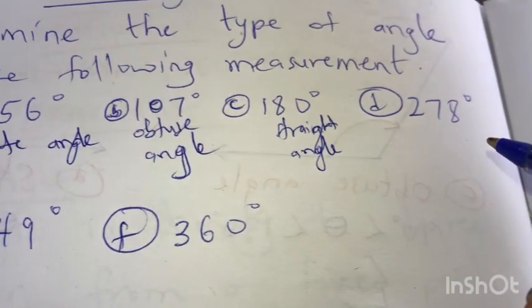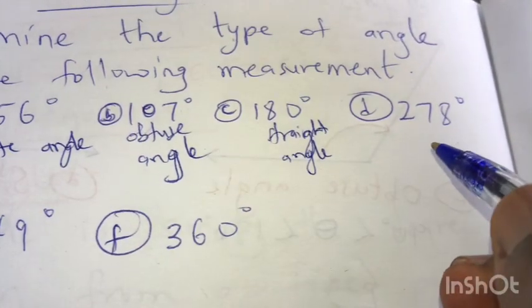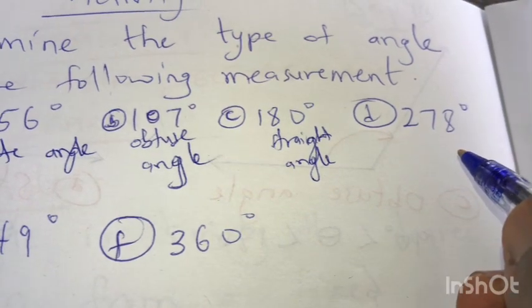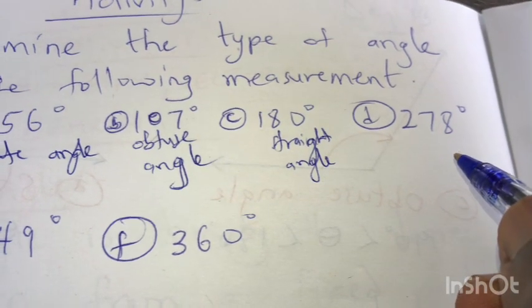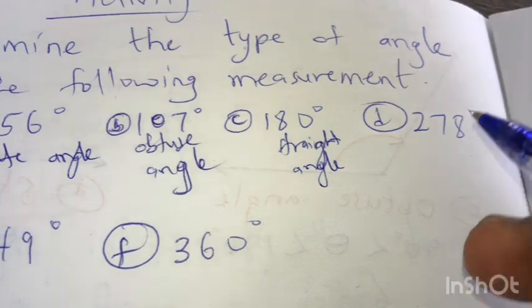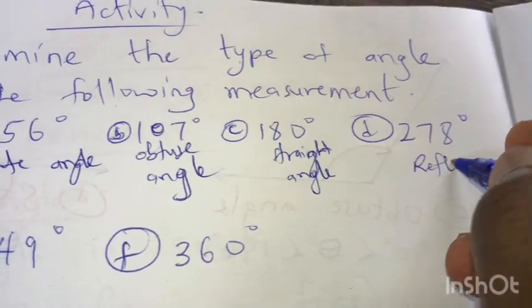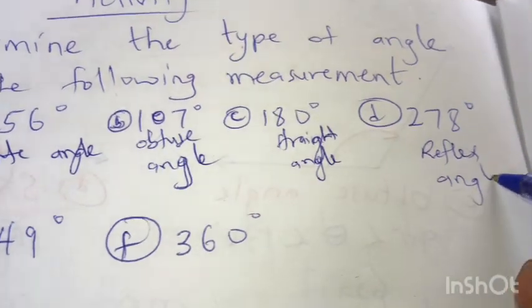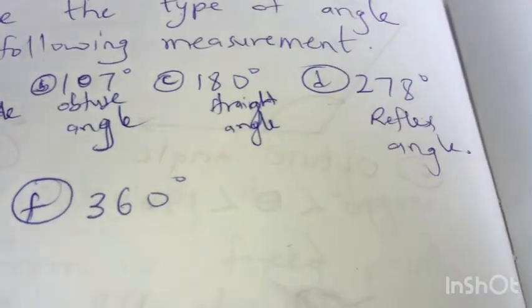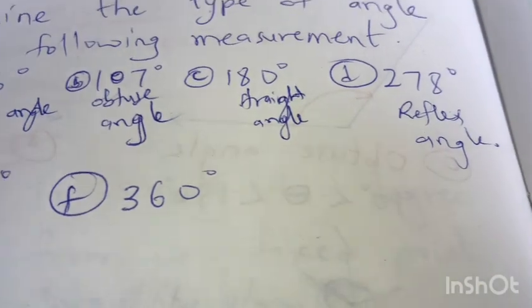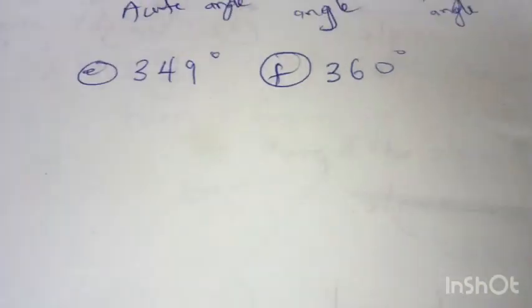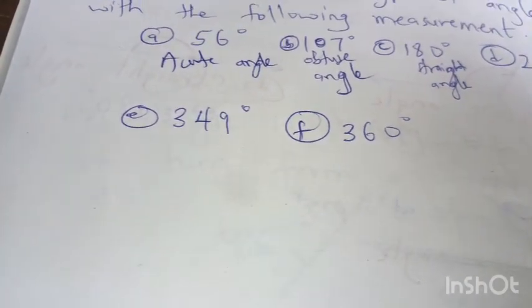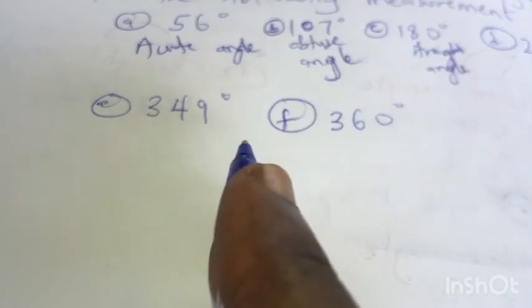Then 270 degrees, what measure is this? It's between 180 and 360. So how are you going to call this one? Okay, this one is called a reflex angle. Any angle between 180 and 360 is called a reflex angle. Then 349, you can see that this one is also between 180 and 360.